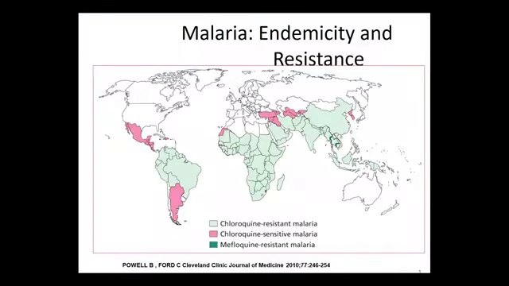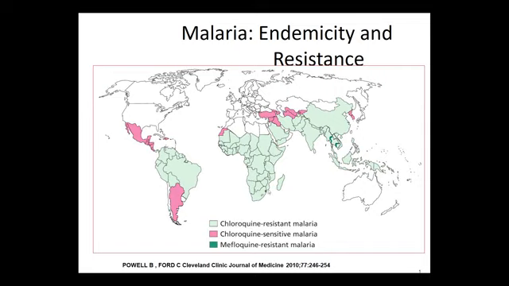So, epidemiology and resistance. Previously, the basic drug of choice was chloroquine, but now in lots of countries there is chloroquine-resistant malaria. So when you prescribe a drug, first check from what country the person came, or what the sensitivity is in your region at the moment.